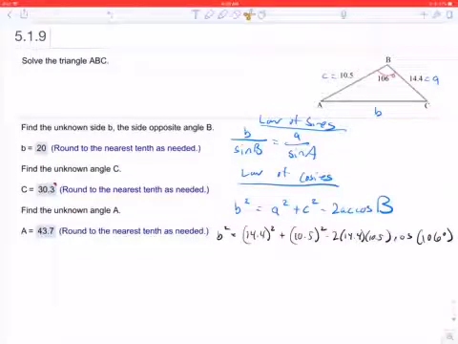Then we would take the square root, take the positive distance, and we get the result.